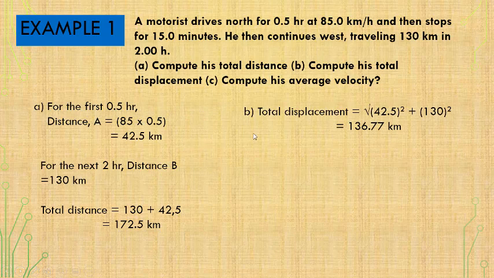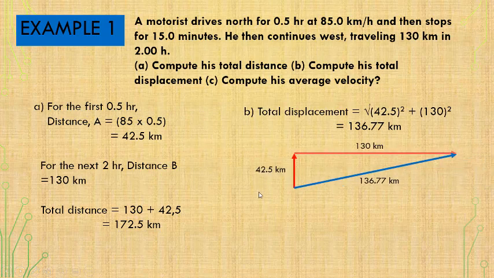For total displacement, since displacement is a vector, we have to take into account the direction. Please remember the definition for displacement is the straight line distance between start to finish. So from the path traveled by the motorist, we can see that 42.5 kilometers due north and then 130 kilometers due west.